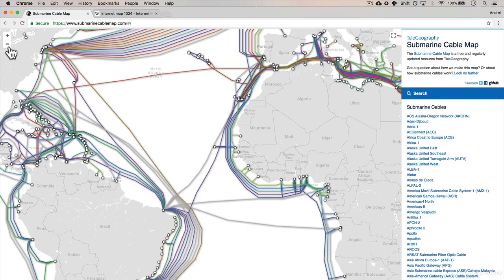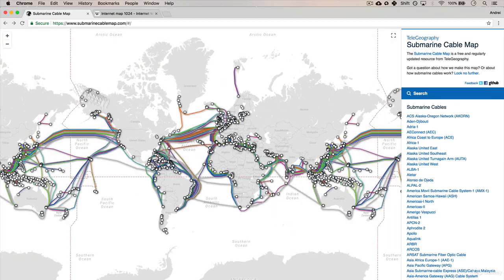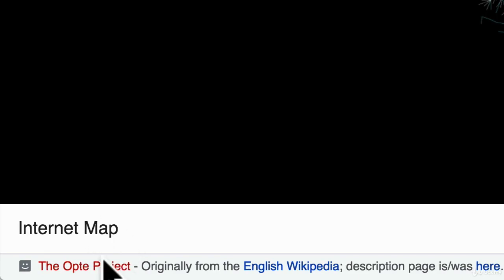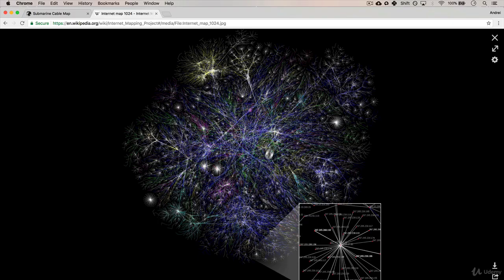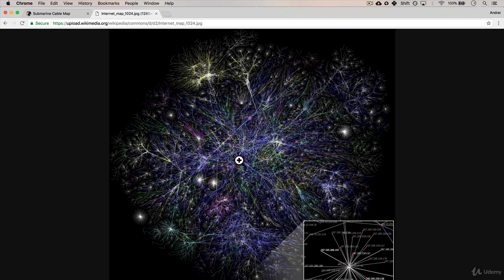Let me see if I can zoom out here. Yeah, this network all over the world of connected cables so that we can transfer these files all over the world. And just to show you how insane this is, somebody from the Opte project over here, I got this off of Wikipedia, mapped out, I believe in 2015, just 30% of the network.